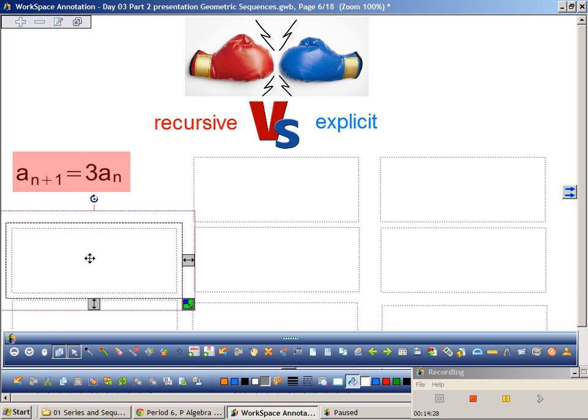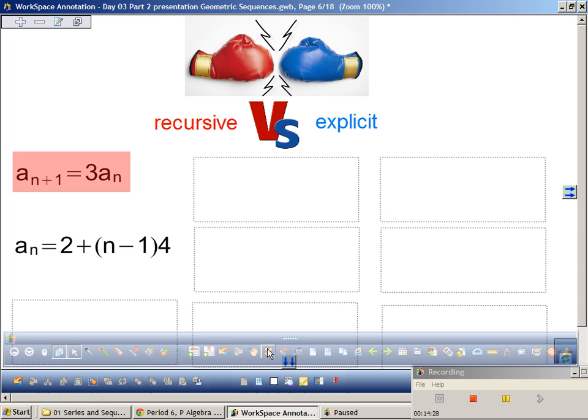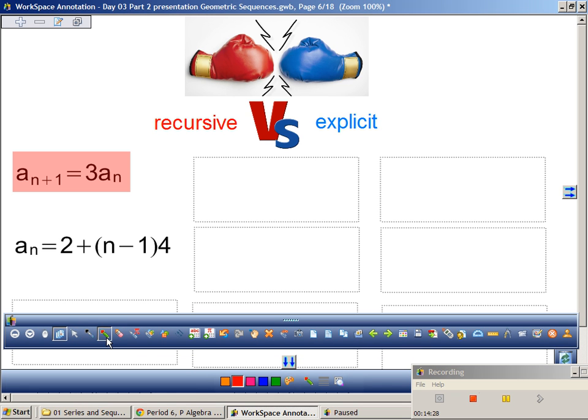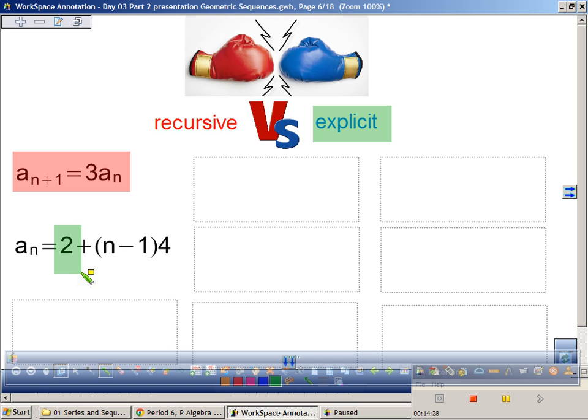Let's try another one. Okay, what about this one? What are you going to ask yourself? Okay, we're still split. It's explicit because, I'm going to highlight the first term for you. There's a first term. Okay, first term, explicit.